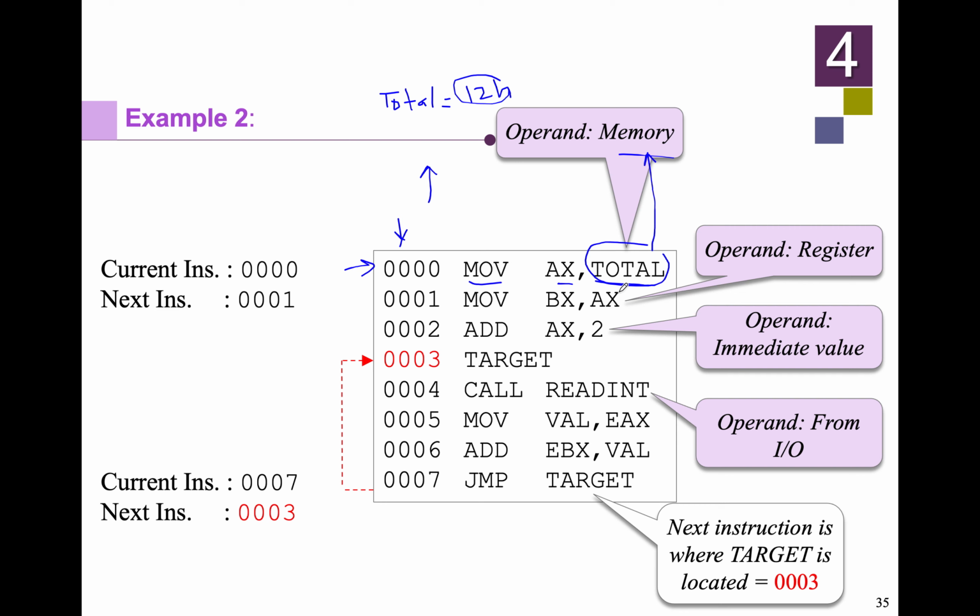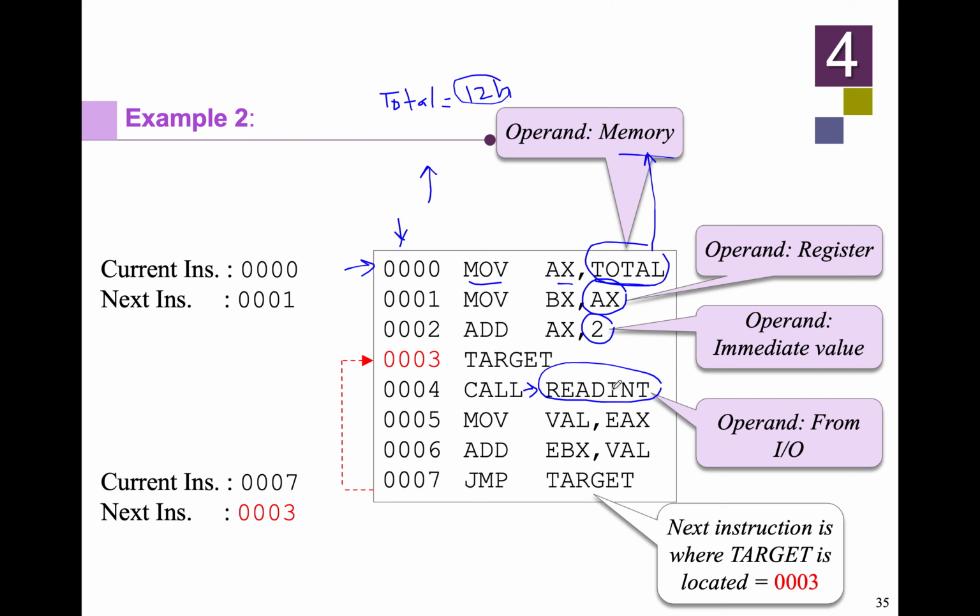And you're going to see you also can have the operand in terms of your register. This is register. You can also have operand with the immediate value. You can have operand with the reading from the input. You call it the read from your input.